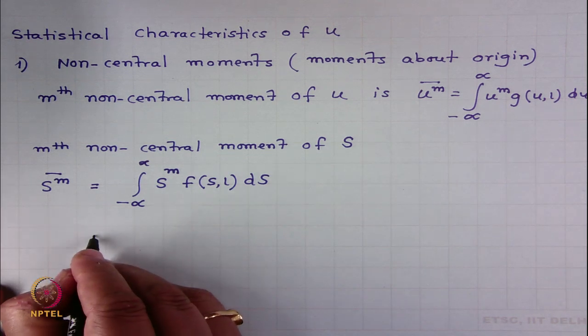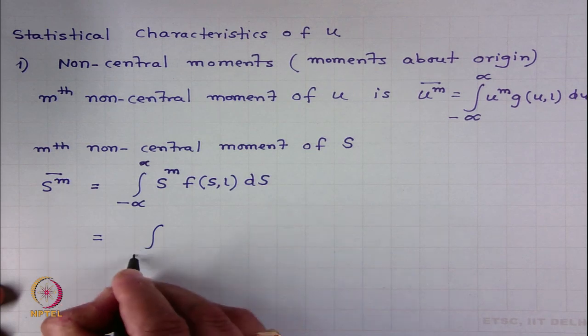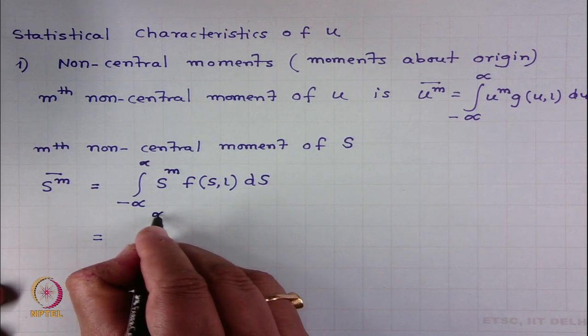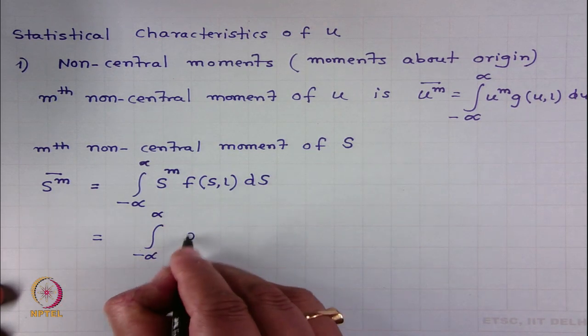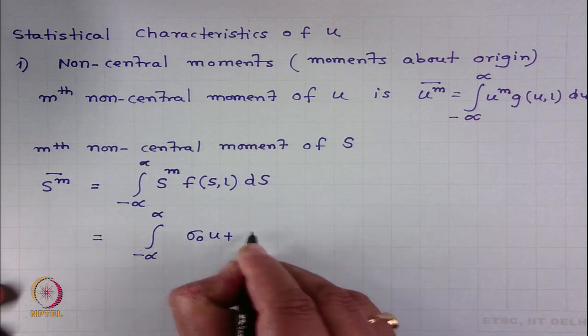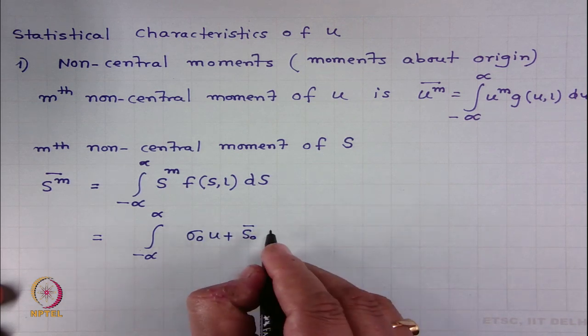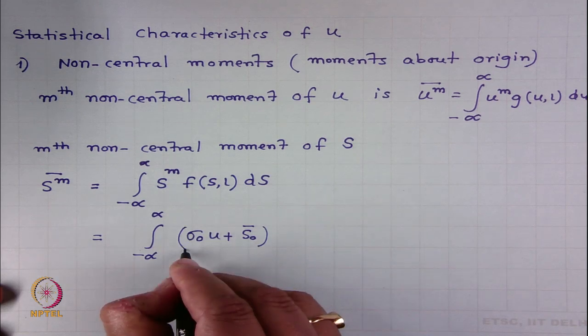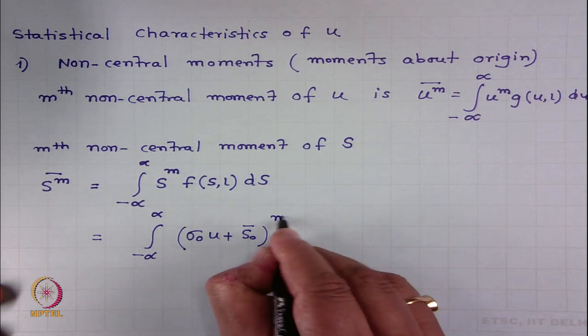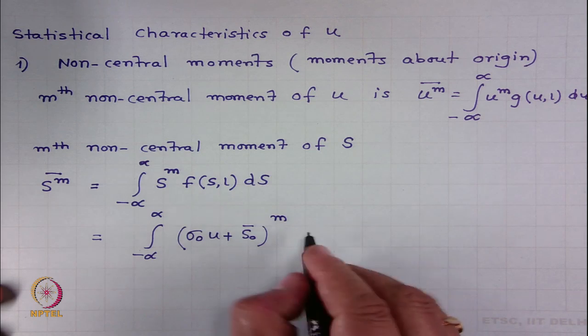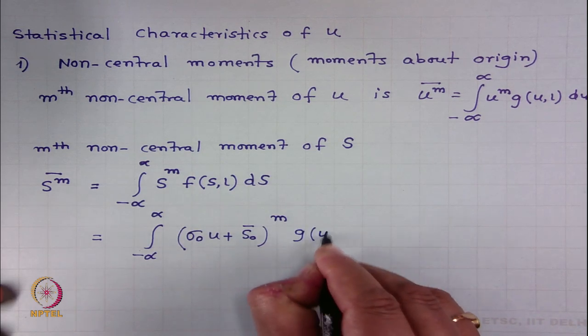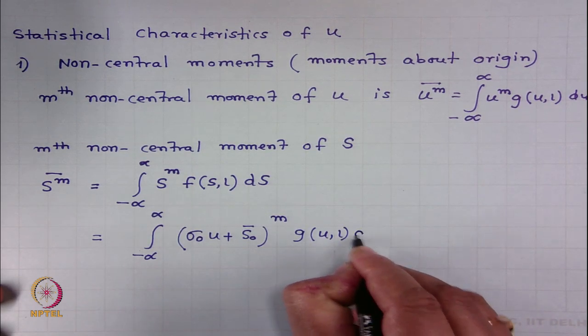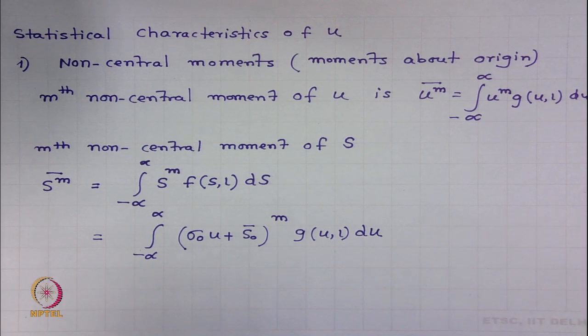Let me write it for u, from minus infinity to plus infinity. What is s? S is this transformation to the power m, and f_S(L) ds is equal to g_u(L) du, the relative frequency probability remains the same, right.